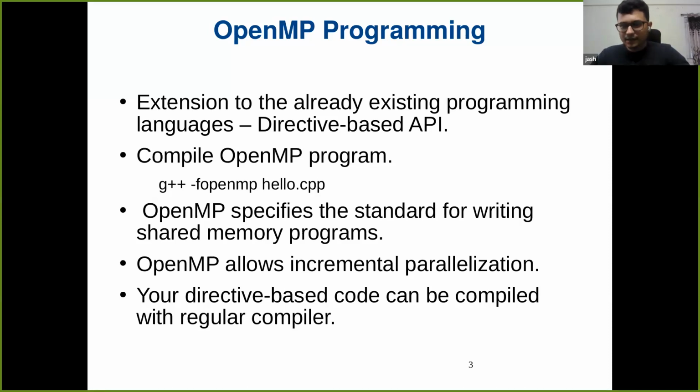You can compile your code with OpenMP constructs using the same C++ compiler and run it, but you just need to enable an extra flag, the fopenmp flag. So that is how we will run the OpenMP program.